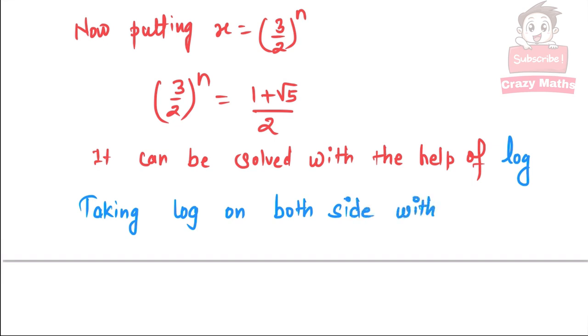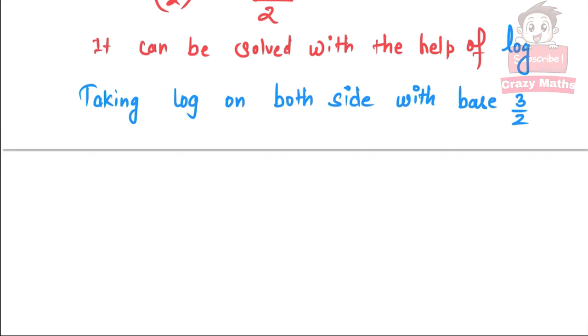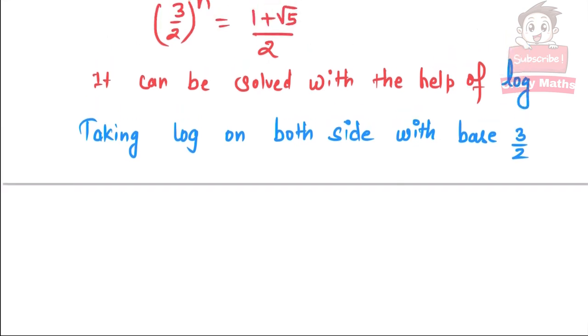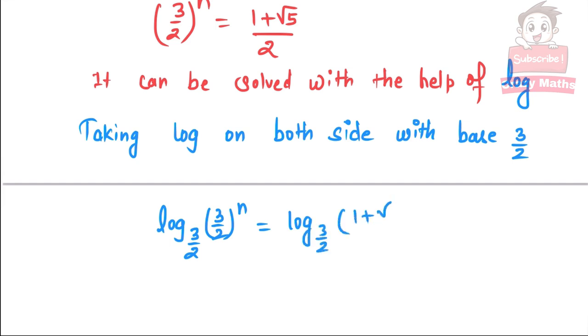Then the equation becomes log base 3 by 2 of 3 by 2 power n equal to log base 3 by 2 of 1 plus root 5 upon 2.